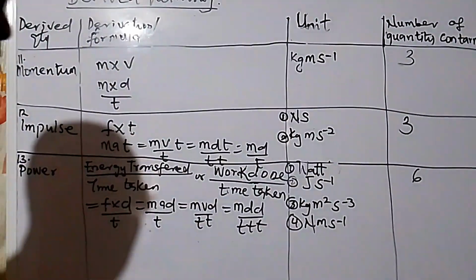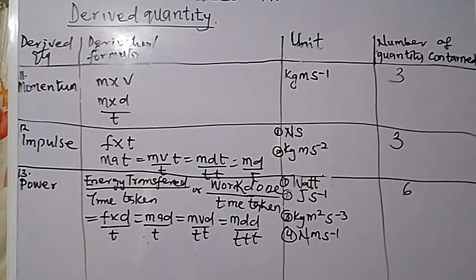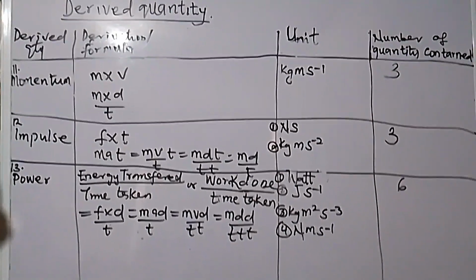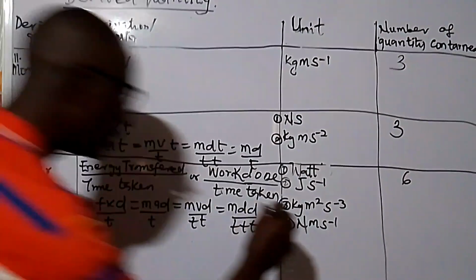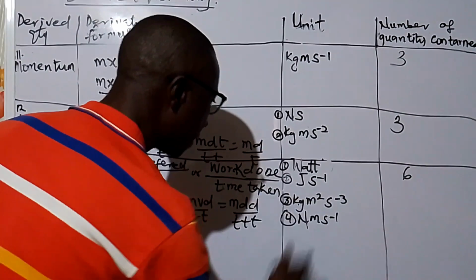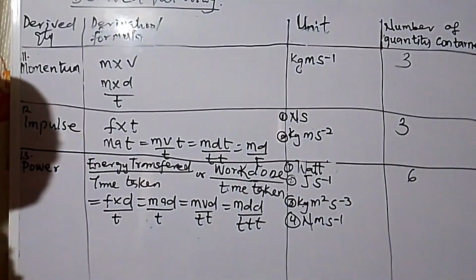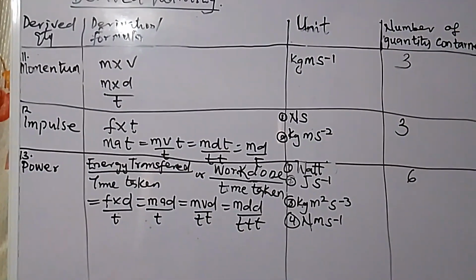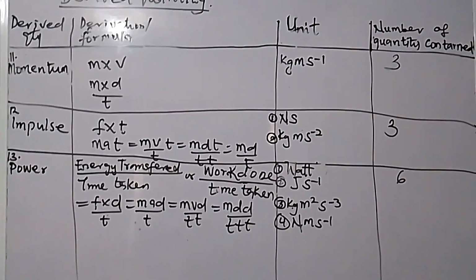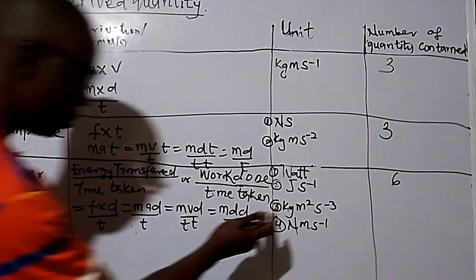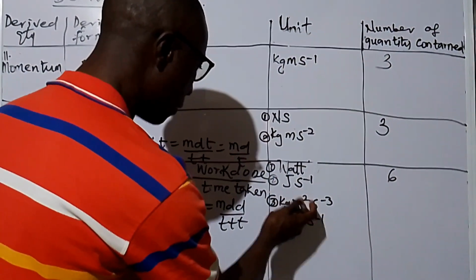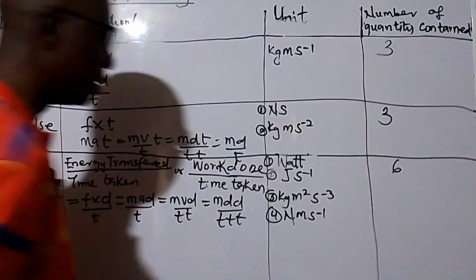So we have these 4 units. But the unit from the basic quantities is kilogram meter square per second cube. So if the question asks you to write the unit of power from the basic level, it will be kilogram meter square per second cube.